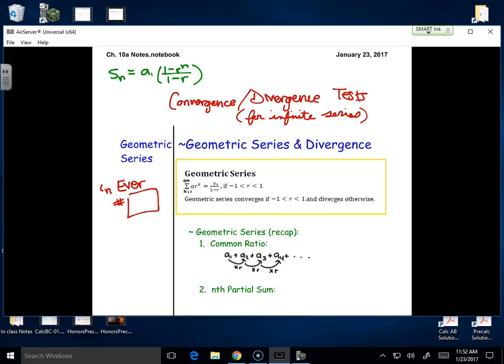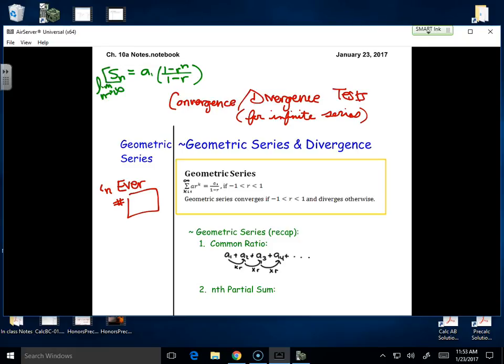Looking at that formula up above, why does it converge to a constant only if r is in between 1 and -1, not including 1, not including -1? This is the nth partial sum, once again from geometry.